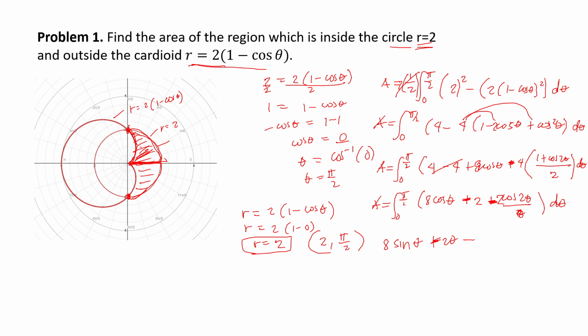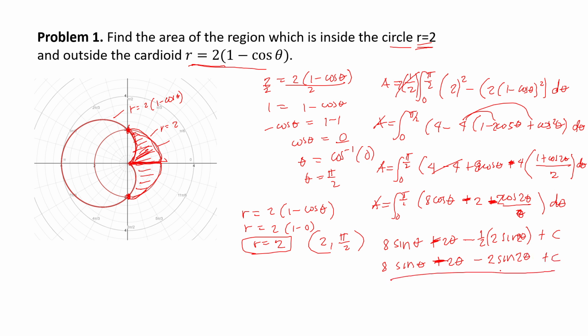Okay, negative 2 and negative 2 cosine 2 theta. And we're going to take the integration of this one. We have 1 half, 2 sine 2 theta, since there is a neutralizing factor, plus c. So 8 sine theta minus 2 theta minus 2 sine 2 theta plus c.